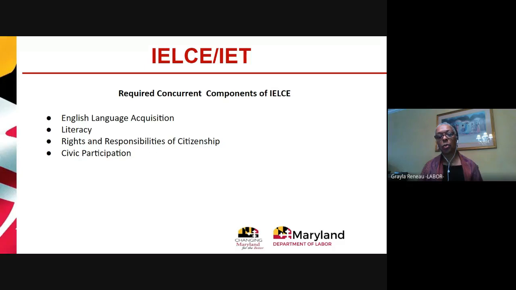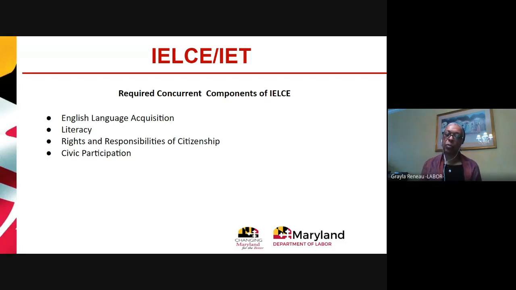If you run your program as you would a My Best program and you have cohorts, you can further contextualize your IELCE component for a specific occupation or occupational cluster, because all of those students will be together in both the IELCE and the IET. But you can certainly have students in your IELCE that do not take part in your IET.